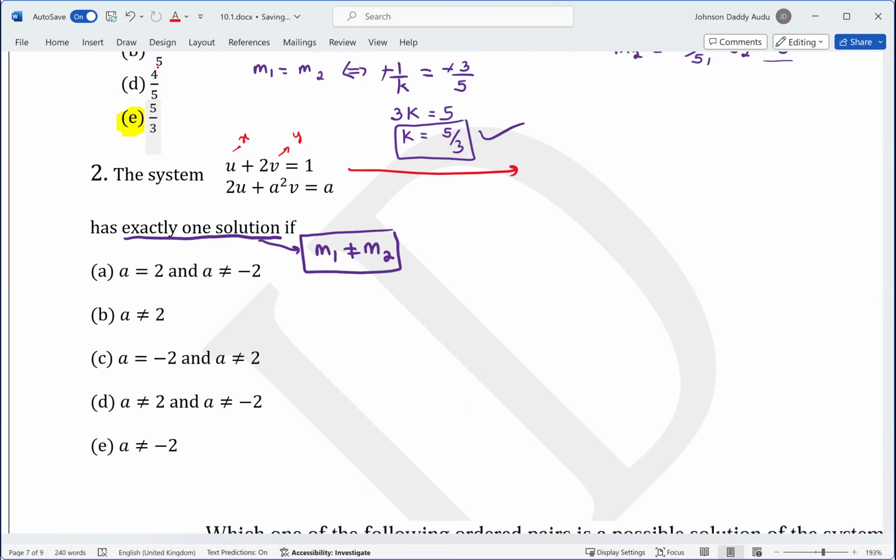In this case, if I solve for y, which is the same thing as solving for v, you will have 2v is minus u plus 1. You see that? So v is minus u over 2 plus 1 over 2, right?